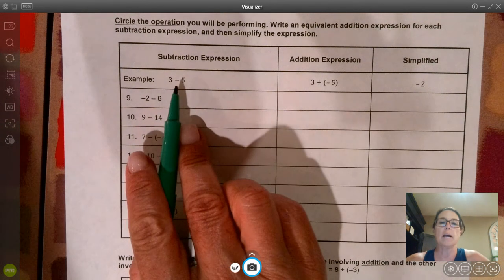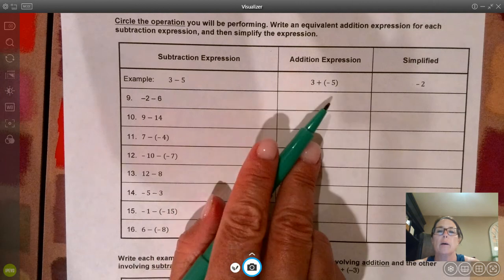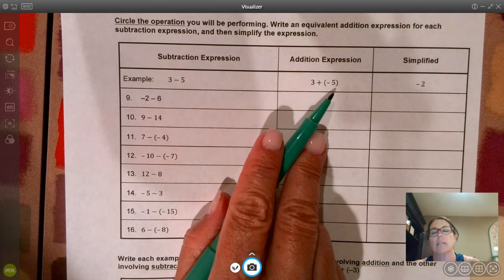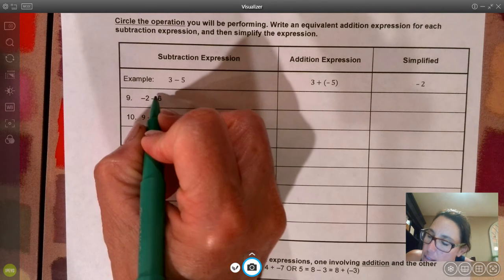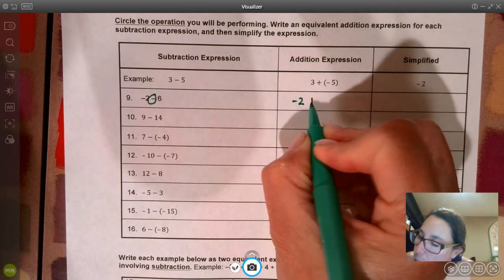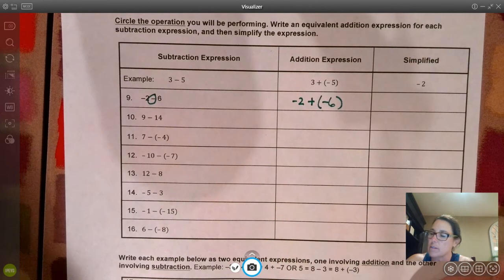Let's look at this example. This minus 5 changed to a plus a negative 5. We're going to take this and change it to a plus negative 6.